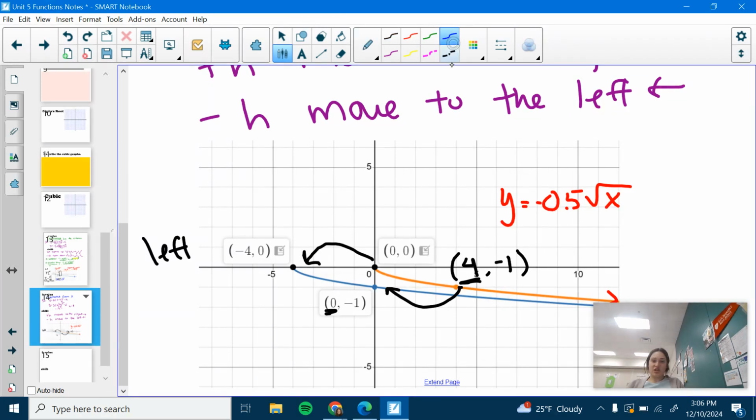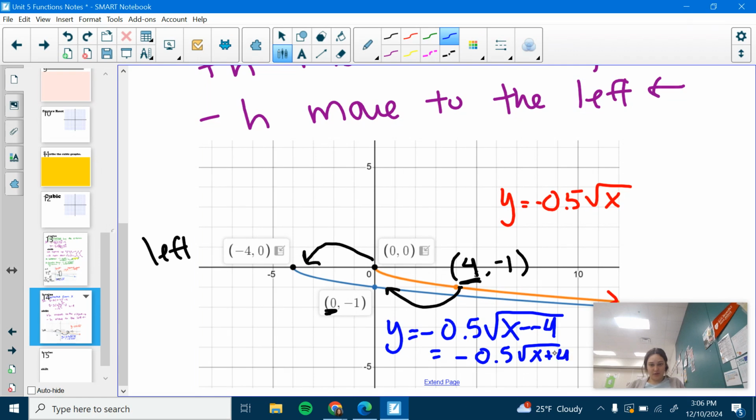So my equation keeps the same shape, negative 0.5 square root, but now we are going to move over to the left, which means subtracting a negative 4, also known as adding 4. Okay, so here is my equation for this new graph with that change.